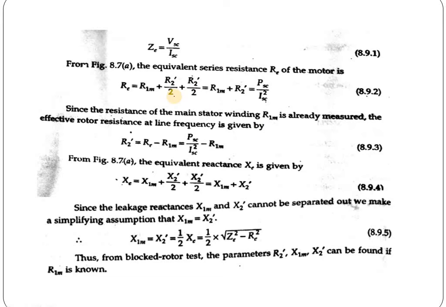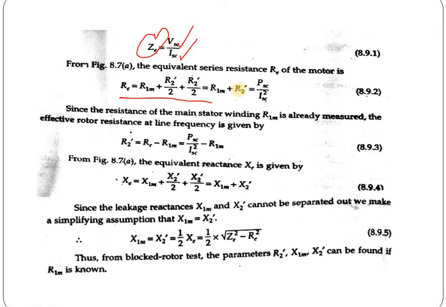Now from the voltmeter and ammeter we have measured short circuit voltage and short circuit current. From there we can calculate the equivalent impedance referred to the stator side, ZE. Now again we can calculate the equivalent resistance, and that value will be R1M, which is the main winding resistance, plus R2 dash by 2 plus R2 dash by 2.